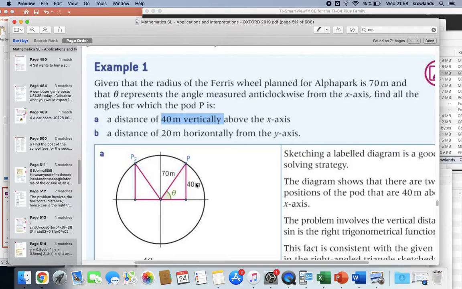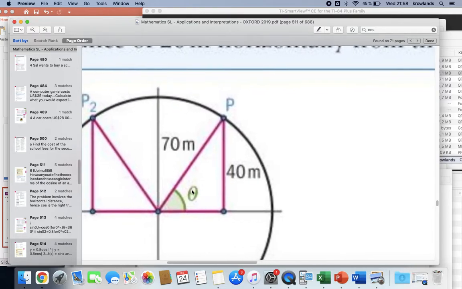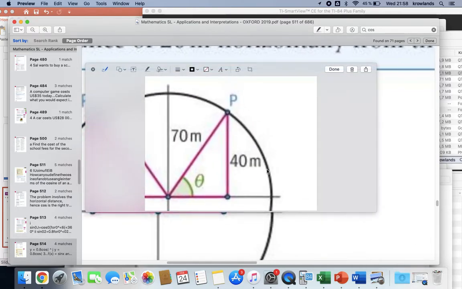The first step of these problems is to decide whether you're using sine or cosine. So, in this particular problem, we need to label the missing side. So we need to label all the sides as opposite, hypotenuse and adjacent. This is the opposite, this is the hypotenuse, and this is the adjacent.